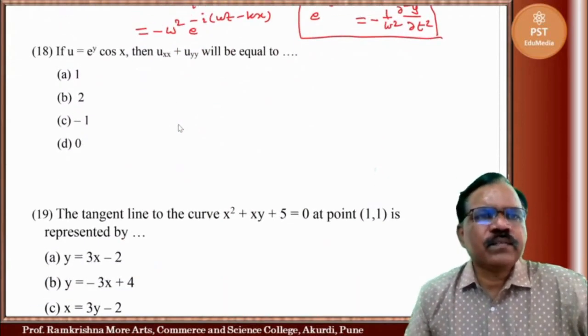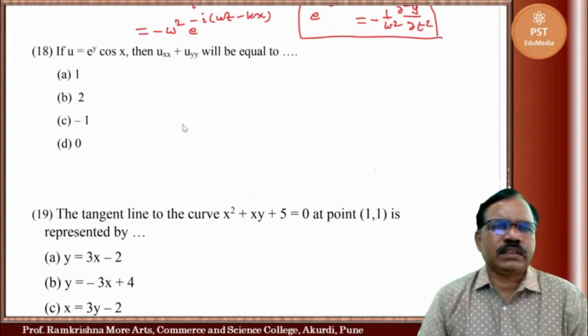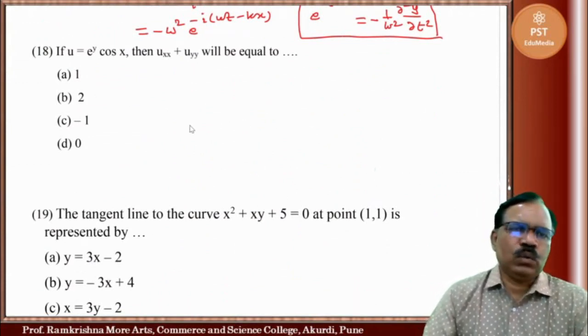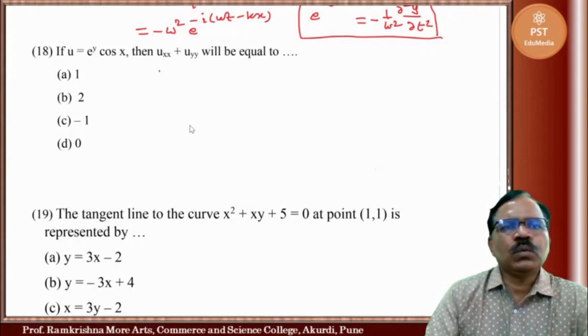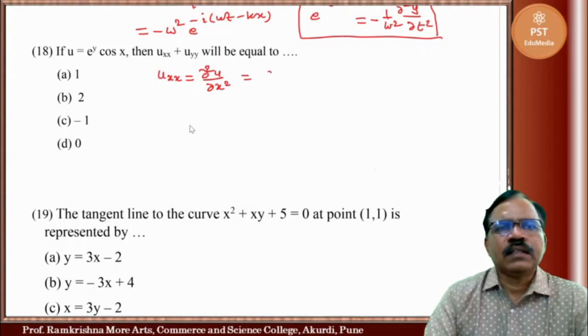Now next one, if u is equal to e raised to y cos x, then u_xx plus u_yy will be equal to. Now u_xx means ∂²u/∂x². So you'll get here ∂/∂x of ∂u/∂x.